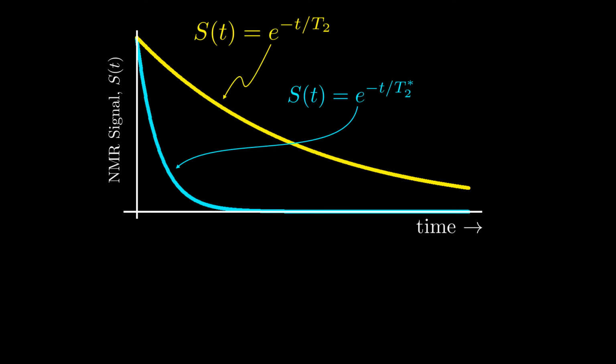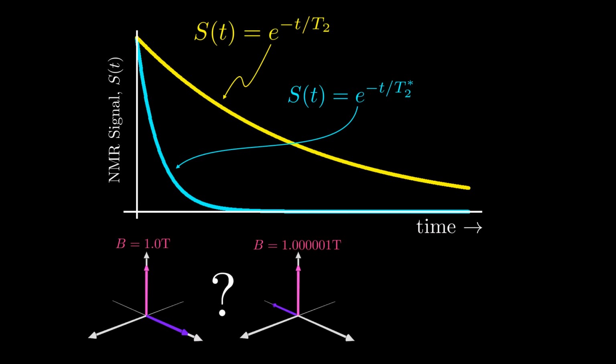Oh, and you might also be thinking, wait a minute, we saw in the last video that spins will only experience excitation if the frequency of our B1 excitation pulse is matched to the spin's Larmor frequency. Well, if the spins are in a different field strength, then they have different Larmor frequencies. Could you still excite both spins with a single frequency B1 pulse? I guess their Larmor frequencies are close enough.